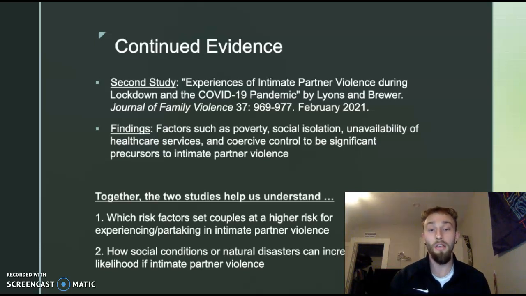And this ultimately led to increased rates of intimate partner violence. And so together, these two studies help understand which risk factors set couples at a higher risk for experiencing or partaking in intimate partner violence, as well as how social conditions, or in this case, natural disasters, can increase the likelihood of intimate partner violence occurring in a household.